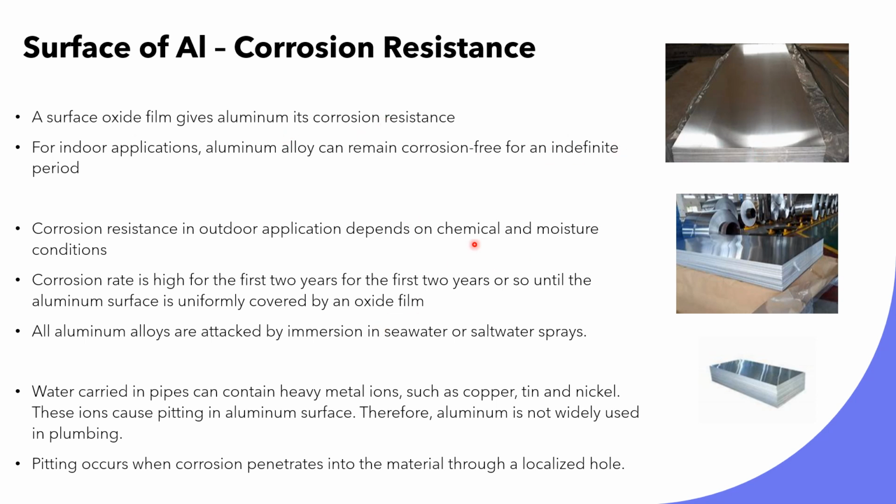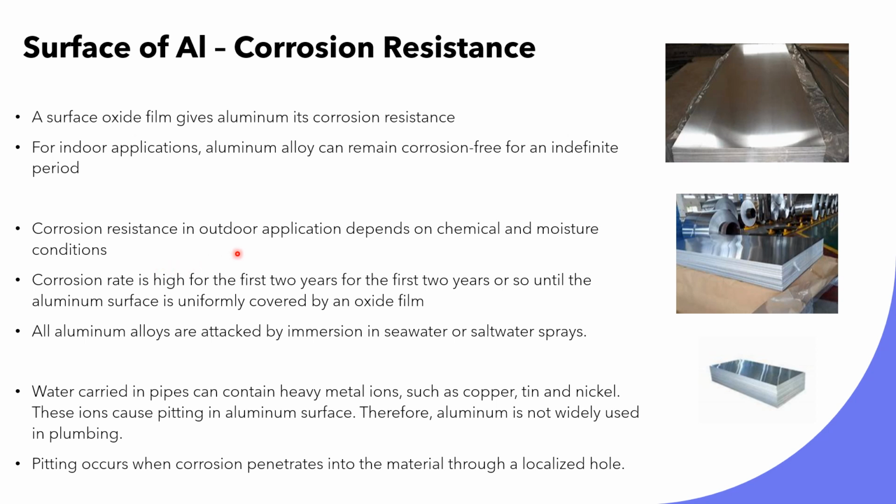Think about indoor applications: everybody has aluminum foil for food wrapping or baking in the oven. Leave it for years and it will stay shining indoors. That means it can remain corrosion free for an indefinite time. So that's pretty good.